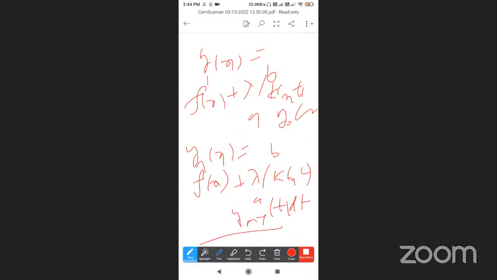This is the formula for y1 of x. It's the same thing, so we apply it as on page number 369.